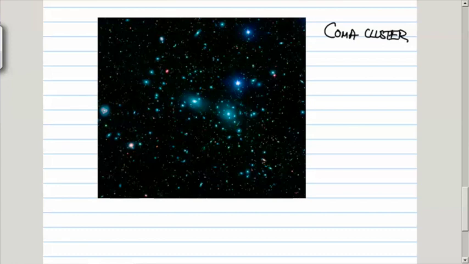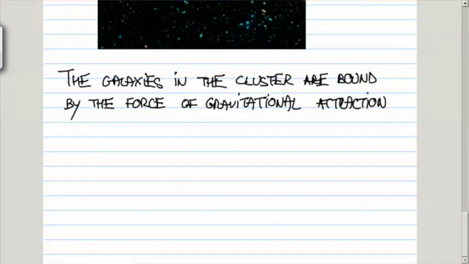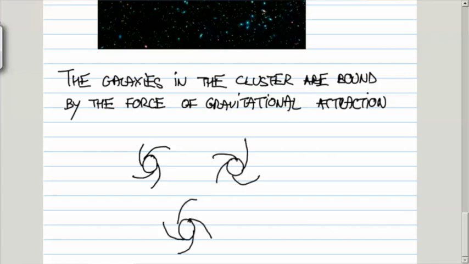These blotches that you can see here, they are individual galaxies in the cluster, and they are basically gravitationally bound to each other. So basically, I'll just sketch a few of those galaxies with their spiral arms, right? So they attract each other with the force of gravity.